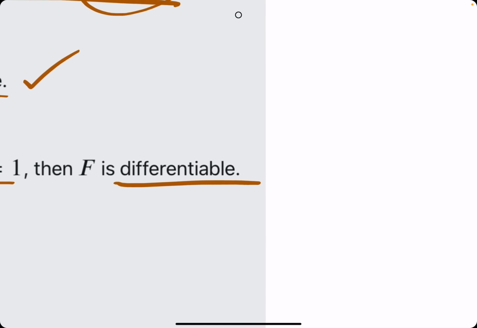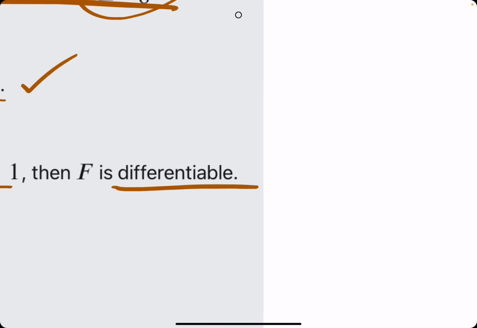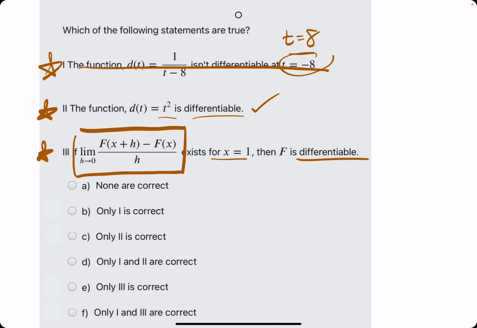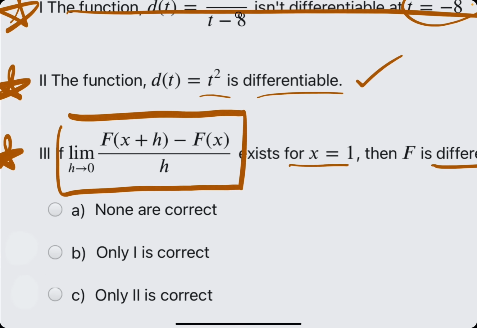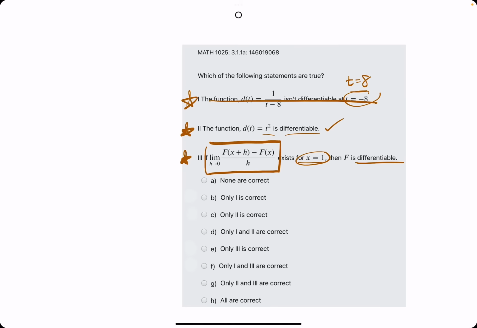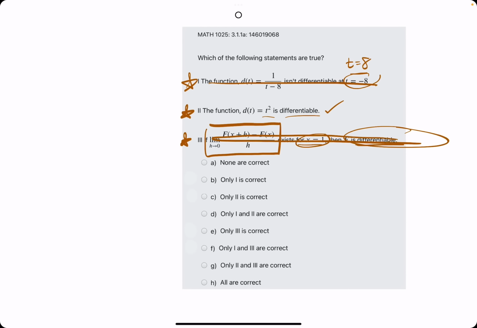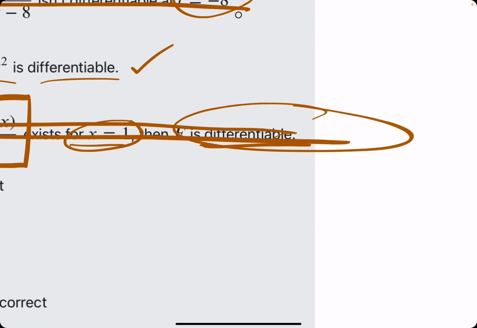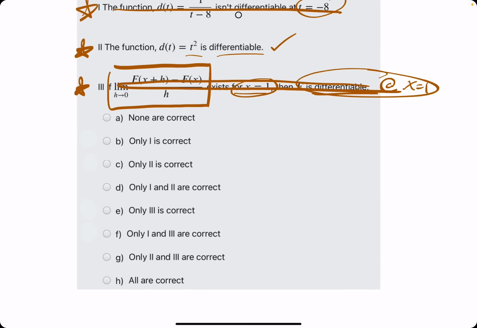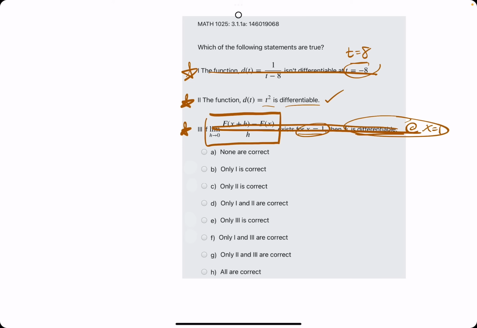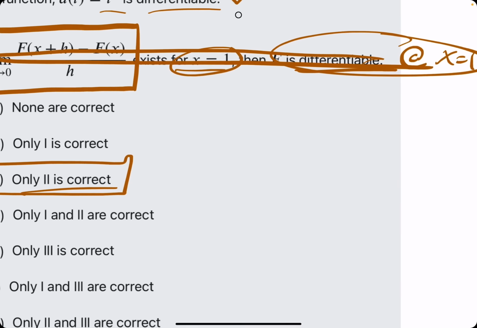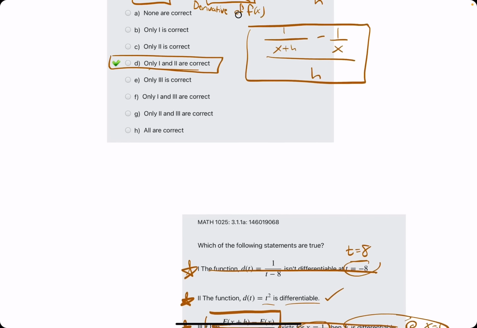Differentiable with no specification of certain x values means differentiable for all x values. So they're saying if the derivative exists for one value, then it exists for all values. Not true. If it had said differentiable at x equals 1, it would be true. But you get the idea. All right, so it looks like just 2 is correct. Break out the eraser. See that C is our answer.